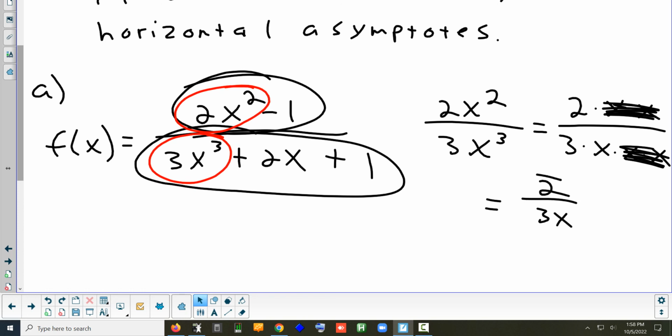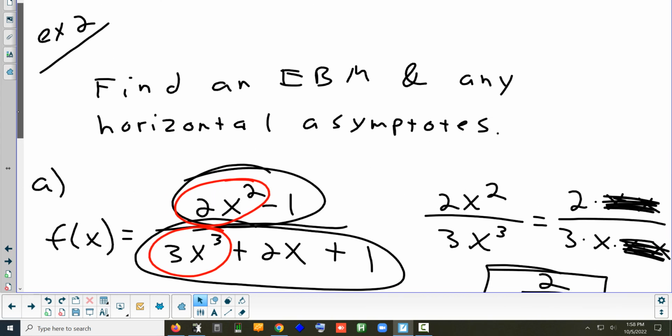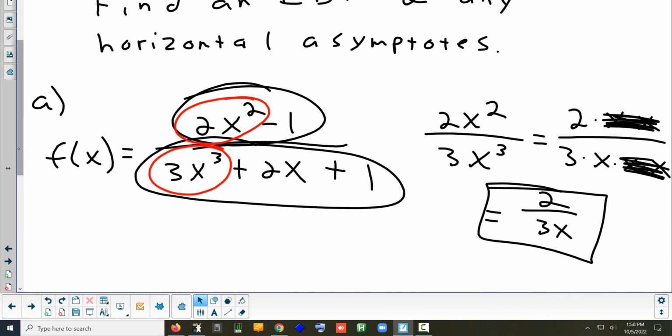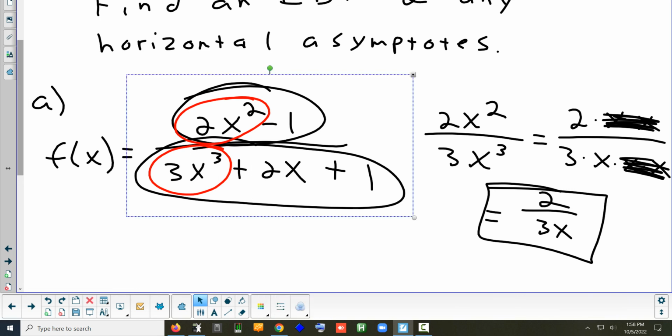What she just said, 2 over 3x, that is called the EBM. It's the end behavior model. It's a more simplified version of this that takes out all the details and basically says, you know what this looks like? That's basically what that looks like.